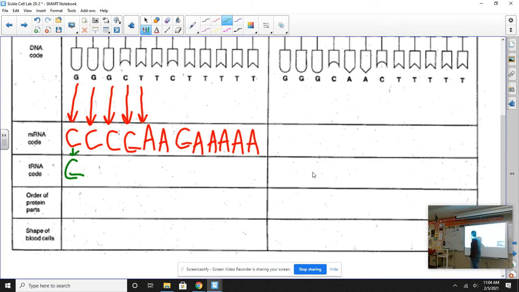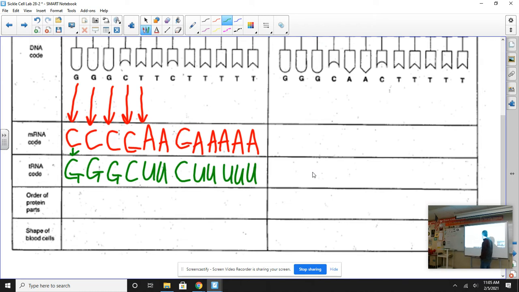G, C would be with G, G, G, C, U, U, C, U, U, U, U. That's the tRNA code.